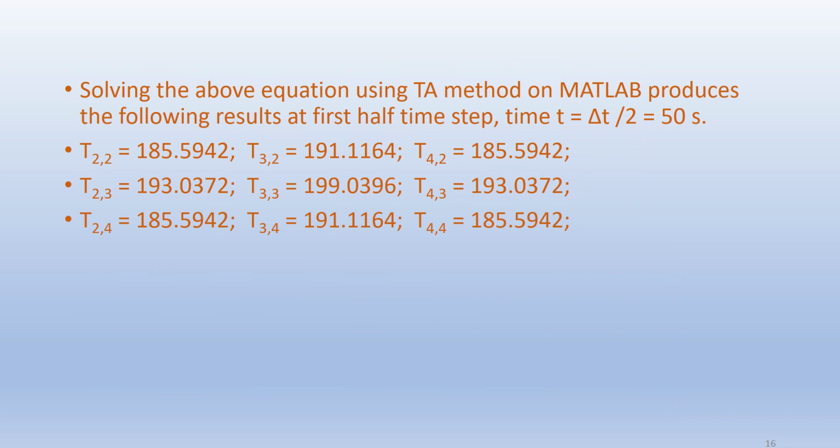We can solve the above equation using the Thomas algorithm method on MATLAB as mentioned earlier, and we get the following results. For the first half time step, that is delta t by 2 equals 50 seconds, these are the internal nodal temperatures at the various nodes.